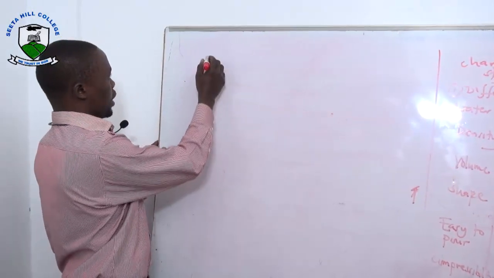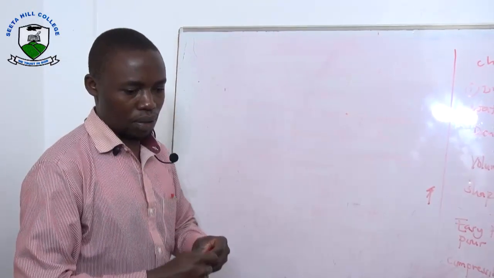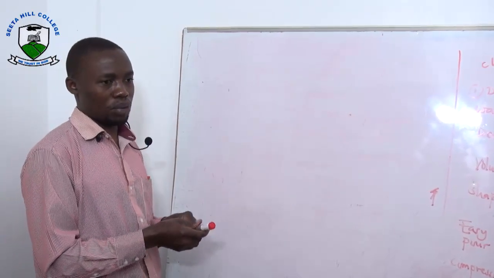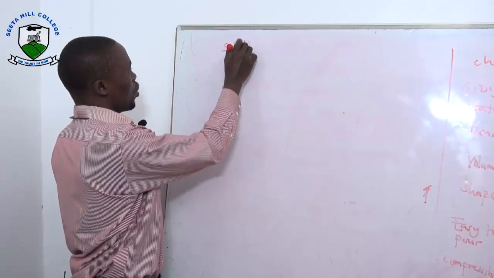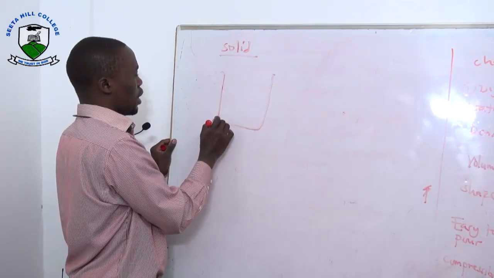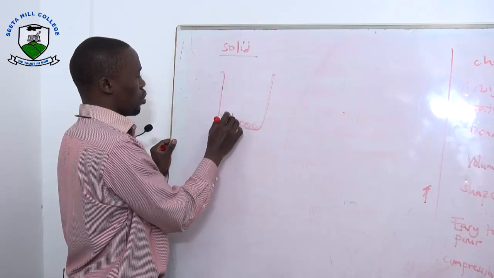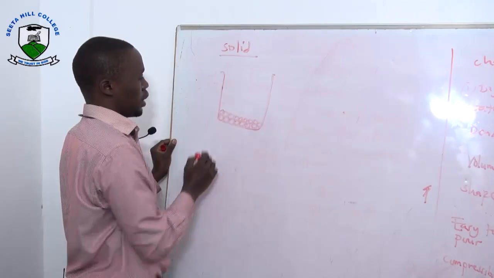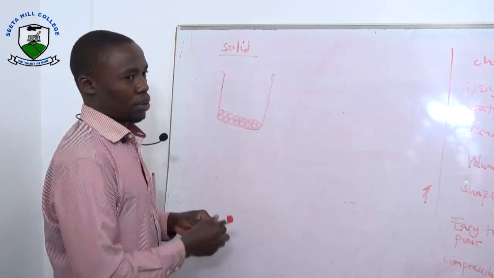To compress is to make your particles come together. Is that very, very right? To compress is for the particles in a substance to come together. Now a solid can't be compressed. Simply the particles in the solid have no space. No space to be compressed.